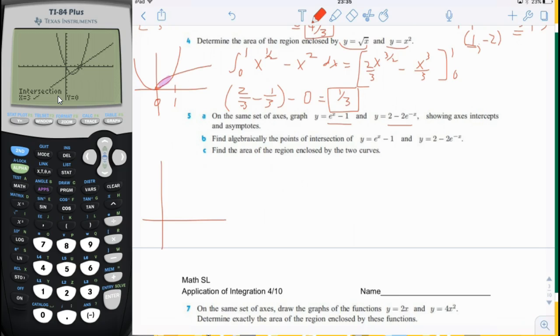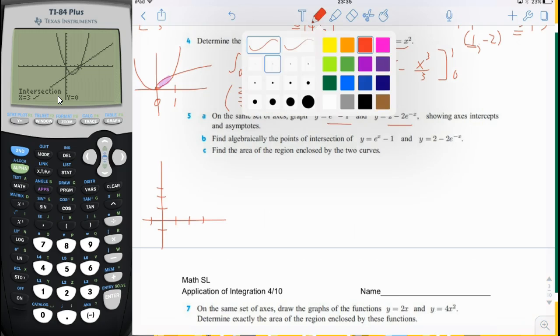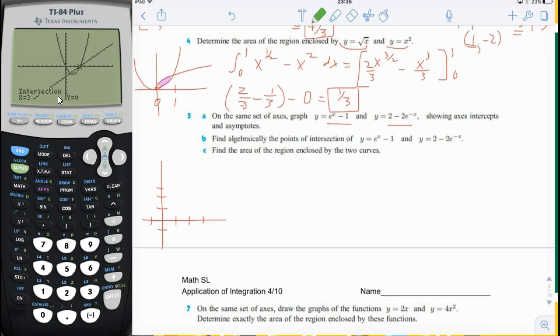Let's see. e to the x minus 1. So e to the x, remember, kind of graphs like starts at 1, and then it goes to 2.71, and then it goes up, right?